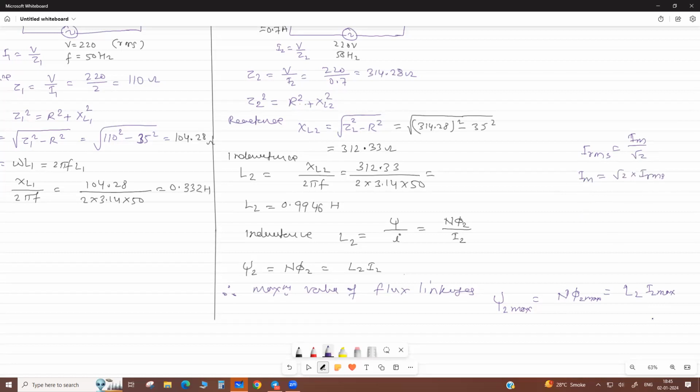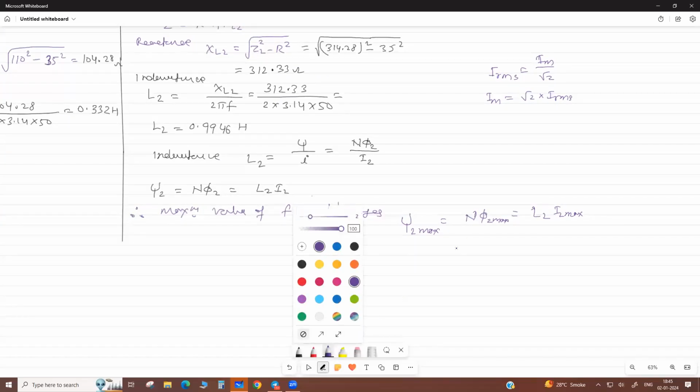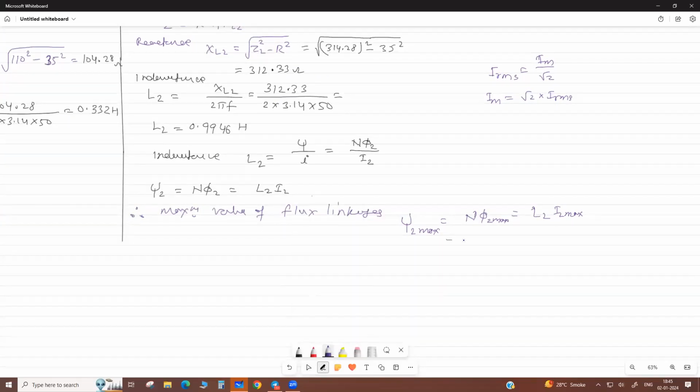So if you know the RMS value, it is very simple. L2, you know the value, it is 0.9946, into the current, and the RMS value is 0.7.